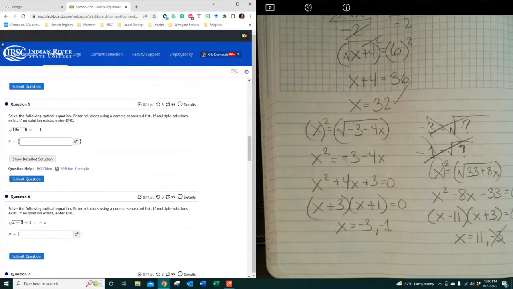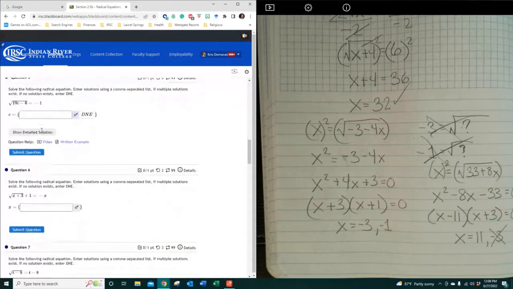So the answer is DNE without even going any further. I don't even need to do this problem. I know it's DNE. It does not exist because there's no such number I could put in here that's going to give me the square root of some number to equal negative 1. So that's almost a gift.